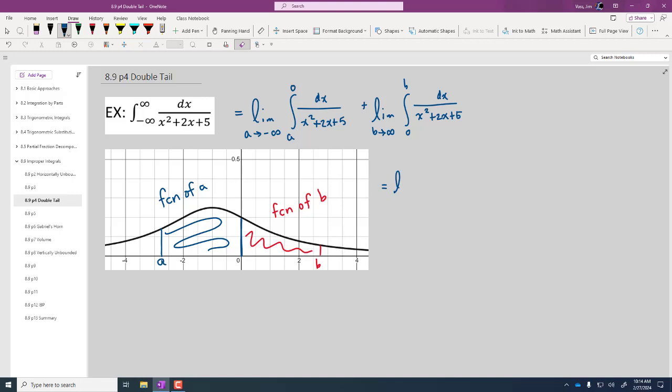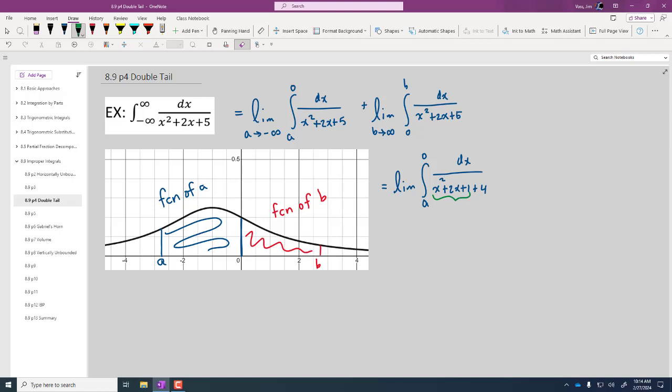So let's go. So we're going to have a limit. And we could focus on just one of these because the integration stuff's going to be the same, right? So we're going to have dx divided by, let's see, what do we need as a constant for these first two terms to have a perfect square trinomial? 1. So we're going to write this as x squared plus 2x plus 1 plus 4, so that that part is now a perfect square trinomial.